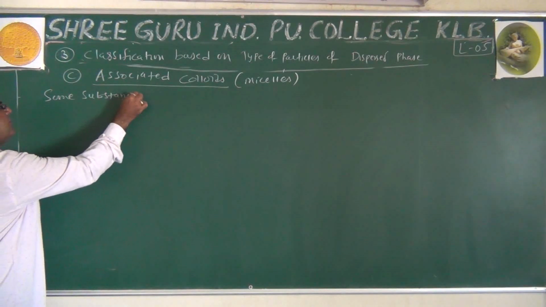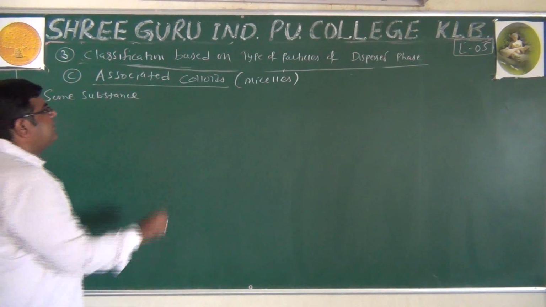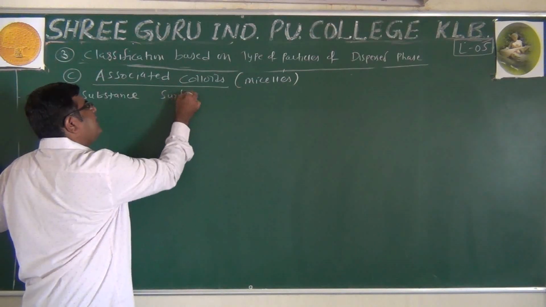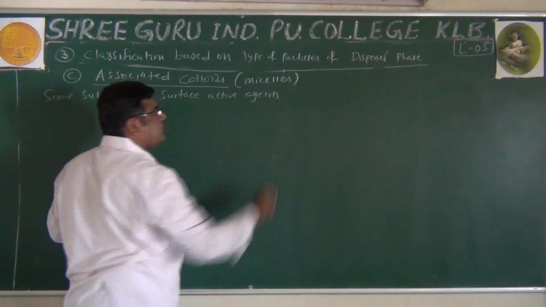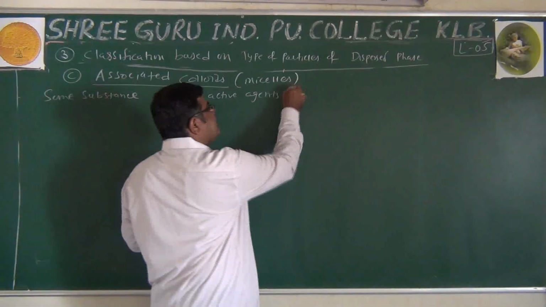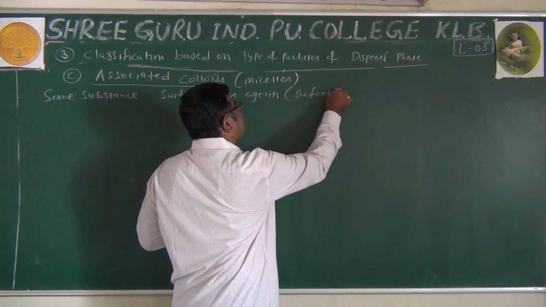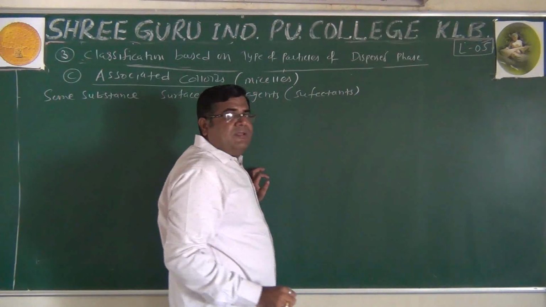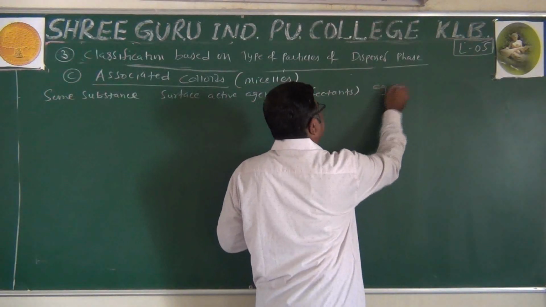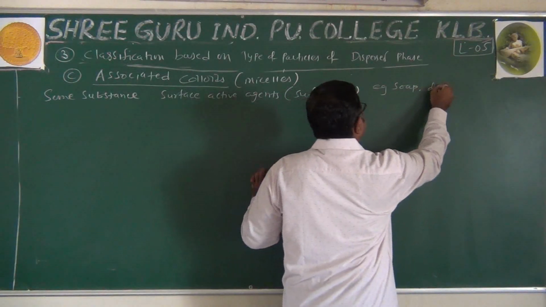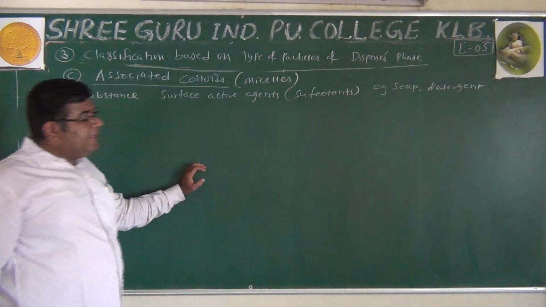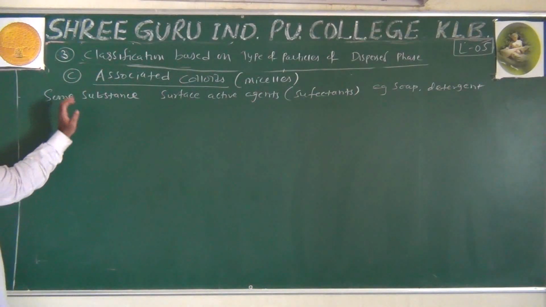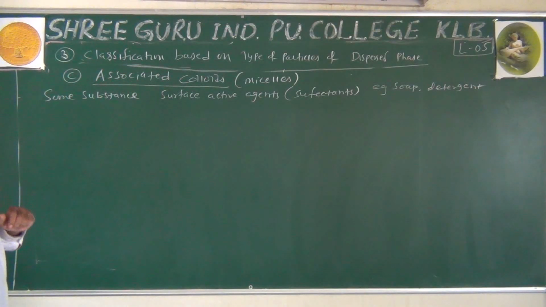Which are those substances? Surface active agents. They are also called surfactants. Examples are soap and detergent. This associated colloid phenomenon is seen in soap and detergent.